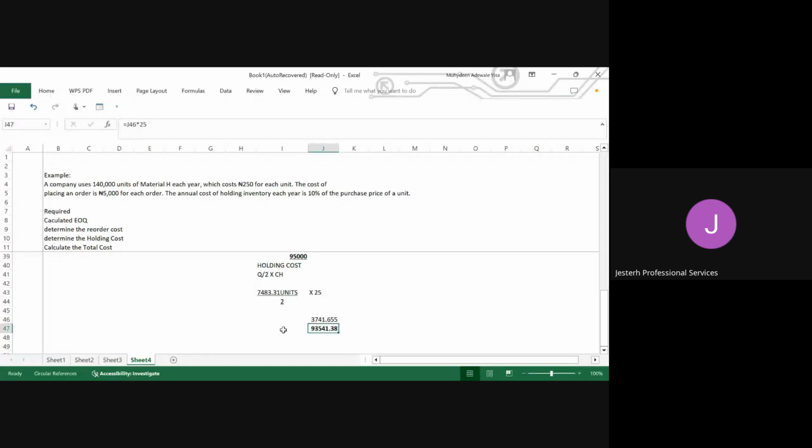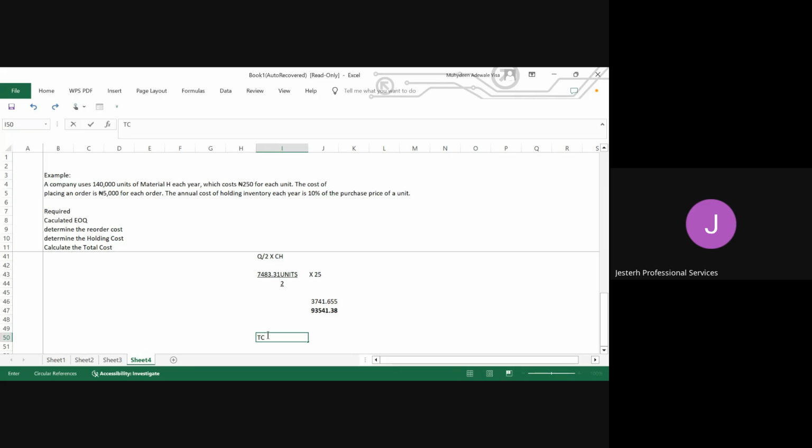We'll still get to that. Now that we have determined our reorder costs and our holding costs, we need to calculate the total costs at the end of the year.